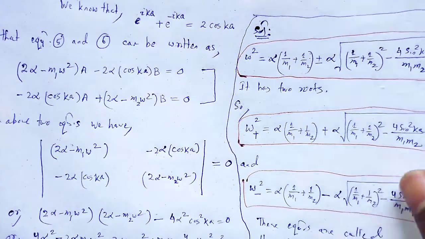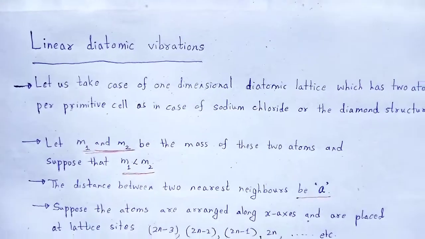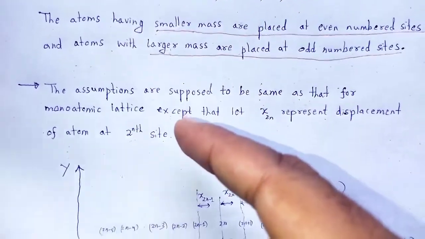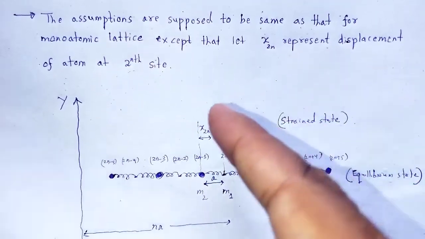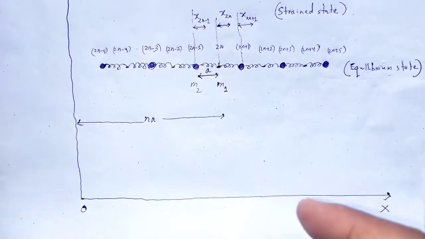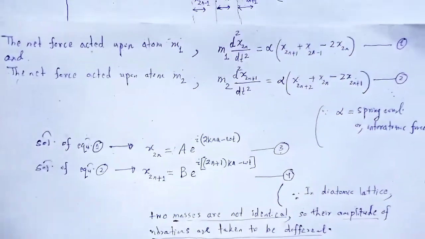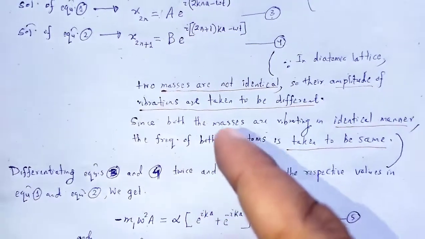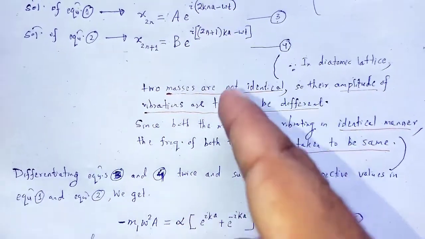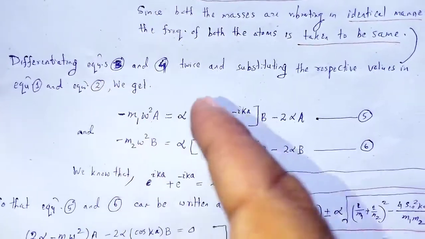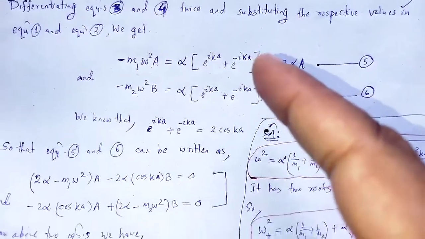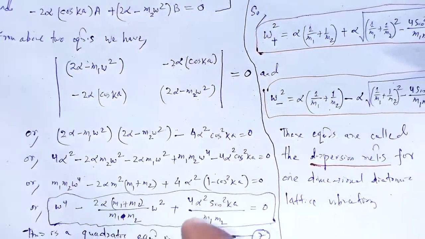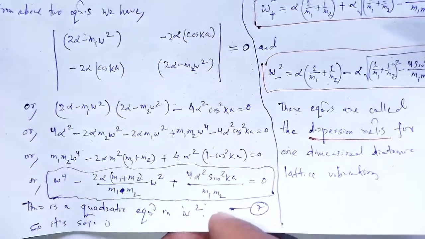So with the help of this video lecture we understood the concept of linear diatomic vibrations. These are some points for linear diatomic vibrations. Mathematically we showed the net force on m1 and m2, its solution, why the amplitudes are different and the frequency is the same, and next, putting in the corresponding values, we obtained a quadratic equation in terms of omega square.